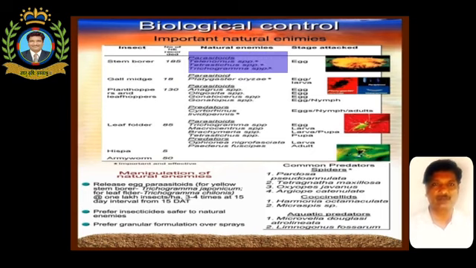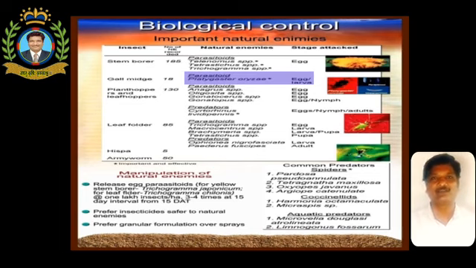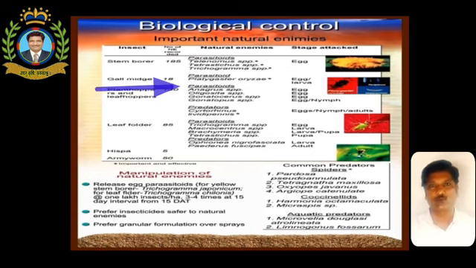Leaving that apart, the most important parasitoid is Trichogramma species. Different species of Trichogramma such as chilonis, japonicum can be used for controlling the major pest stem borer. Whereas egg or larval parasitoid such as Platygaster oryzae is mostly preferred for controlling the major pest known as paddy gall midge, or we call it gallfly also.